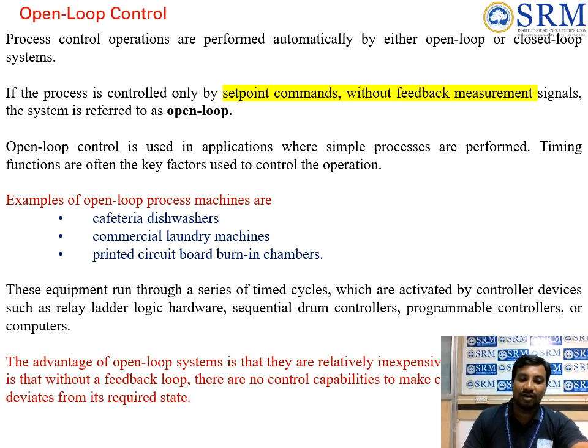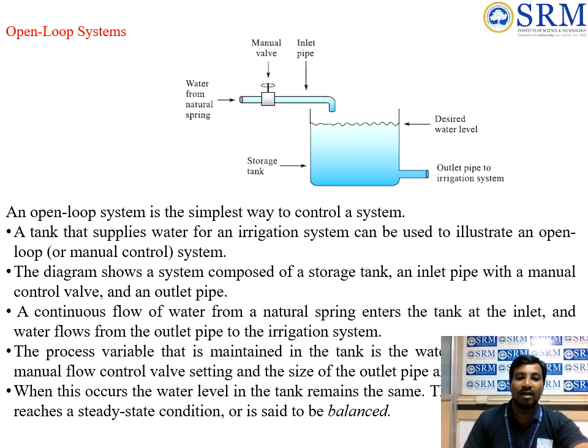The advantage of open loop systems is that they are relatively inexpensive. The main drawback is that without a feedback loop, there is no control capability to make corrections if the process deviates from its required value.